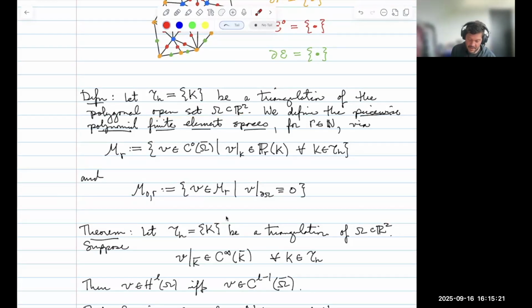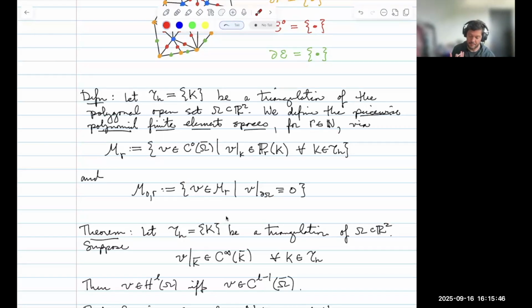We're going to define the piecewise polynomial finite element spaces for r in N. In this case, we don't have to restrict r in any way. Later on, I'm only going to define the basis functions for r equals 1 and 2. So this is r for r being any counting number, 1, 2, 3, unlimited.